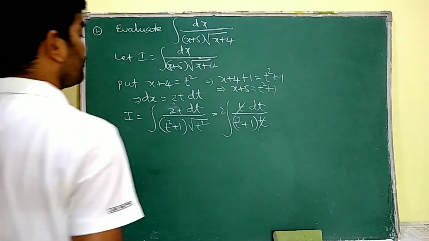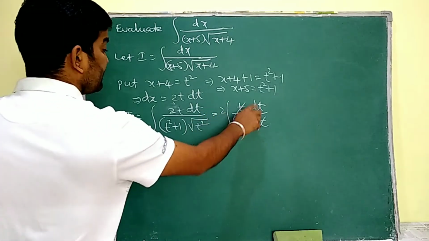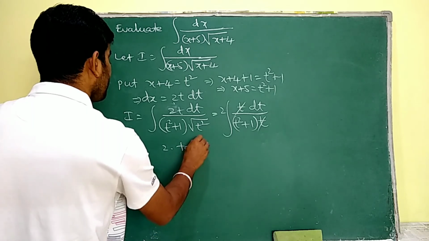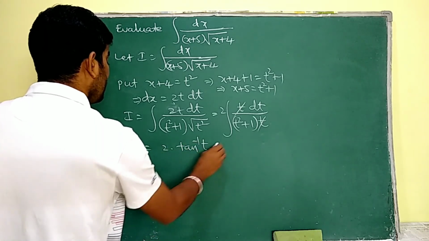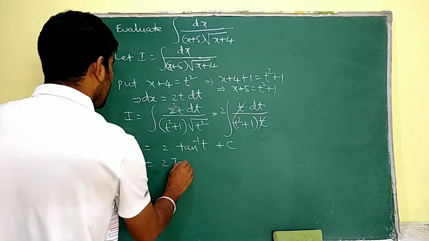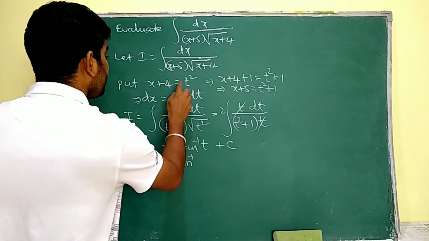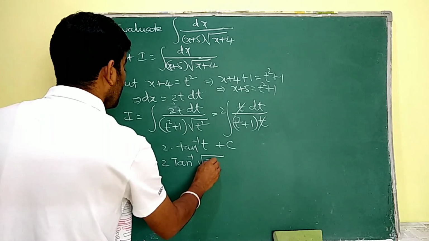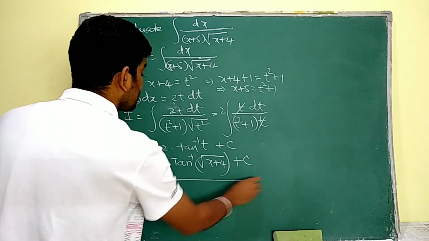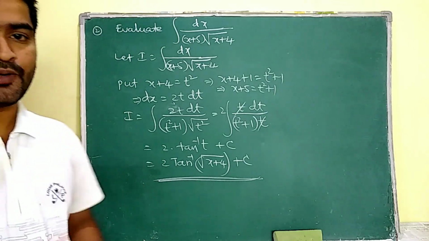Here t and t are cancelled. The integral of dt by t square plus 1 is tan inverse t, plus c. So 2 into tan inverse t, which is tan inverse of root over x plus 4, plus c. This is our answer. I hope you understand.